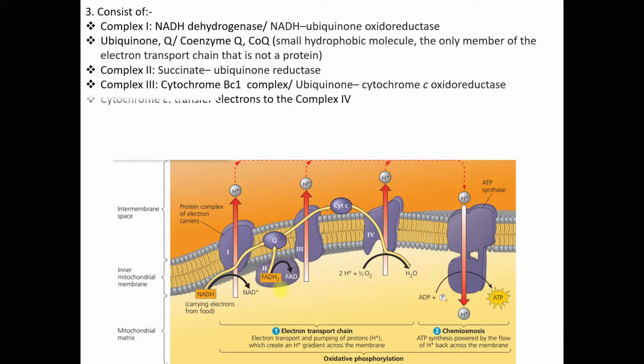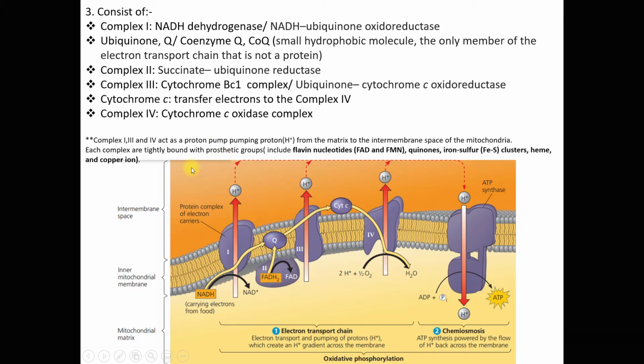Then we have complex 3, which is the cytochrome BC1 complex, also known as ubiquinone cytochrome C oxidoreductase. Then we have cytochrome C. After cytochrome C, we have complex 4, which is also known as the cytochrome C oxidase complex.